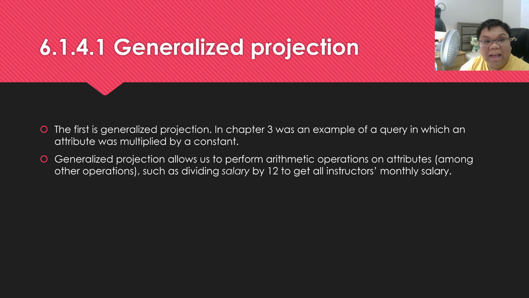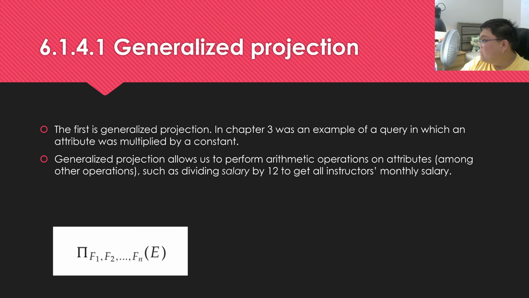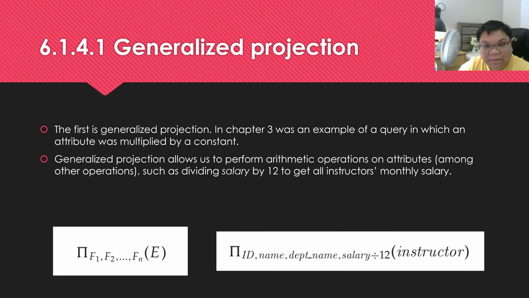That was the query that showed what it would look like if we applied a 10% raise to all of our instructors. Generalized projection is a variant of projection that allows us to do exactly that. So, generalized projection, for example, lets us do stuff like this. We divide salary by 12, and we get a table representing every instructor's monthly salary.